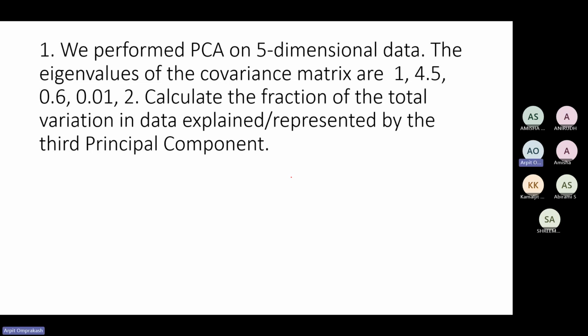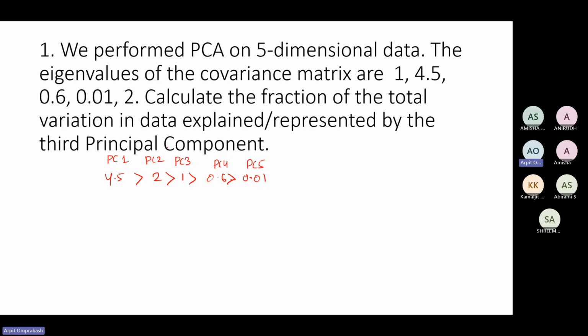So first, we have the eigenvalues. What we'll do is arrange the eigenvalues in descending order: 4.5, 2, 1, 0.6, 0.01. After you arrange it in descending order, these will be our PC1, PC2, PC3, PC4, and PC5.